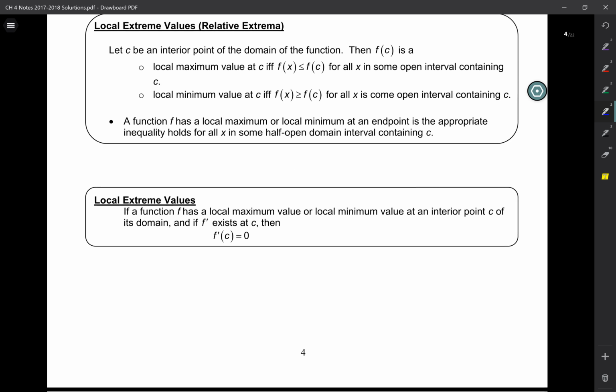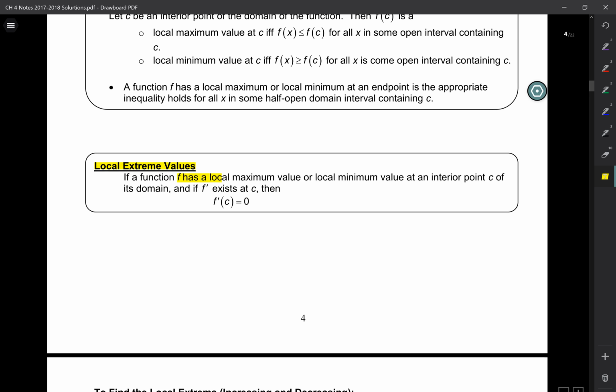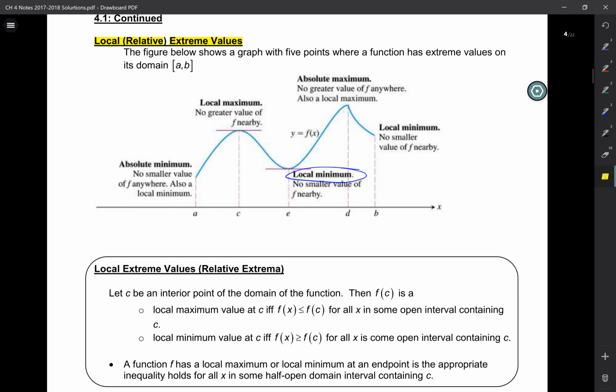Local extreme values. If a function has a local maximum or a local minimum value at an interior point, that means f prime of c is equal to 0. So basically, at an interior point, the minima and maxima happen where there is either a trough or a crest.